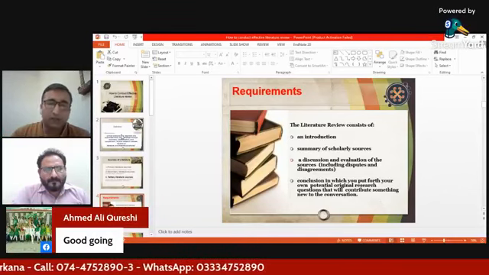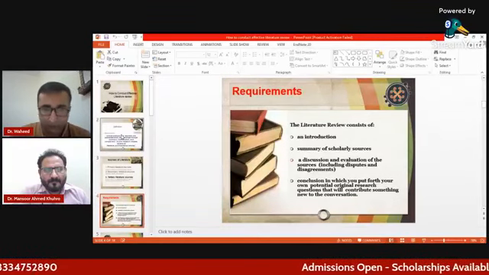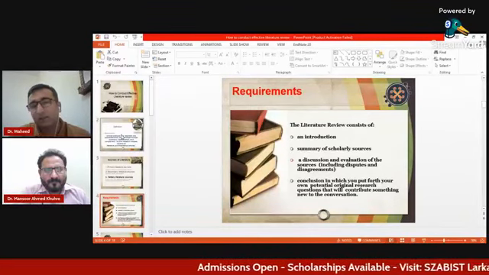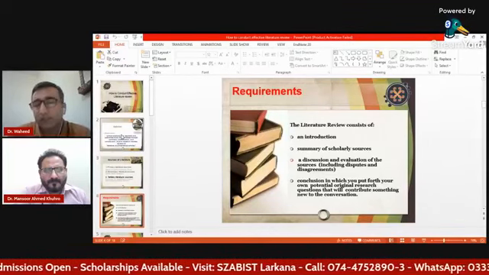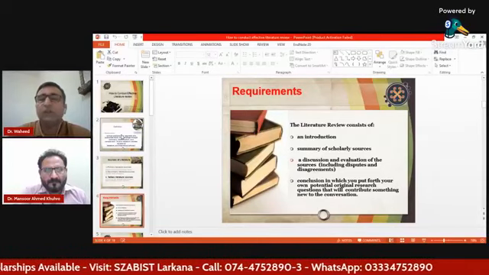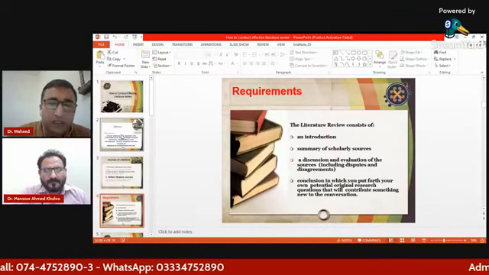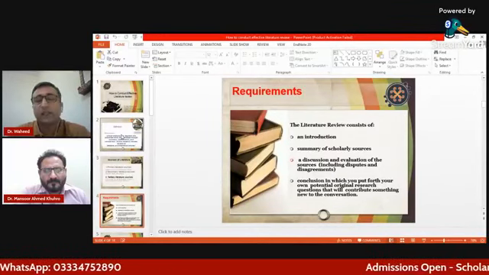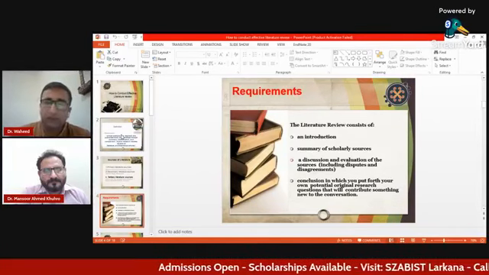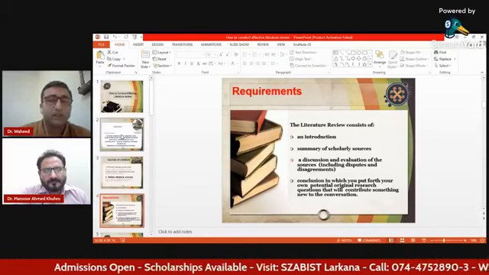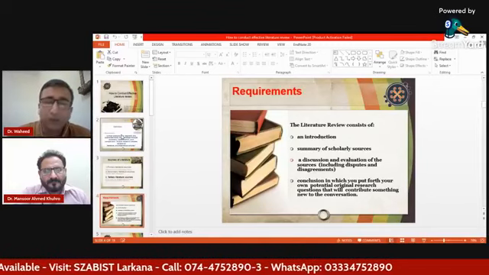Then we collect the summary of those resources, and based upon that summary, we further discuss and evaluate the sources, to find out the findings of earlier research scholars, whether they have any agreements or disagreements on certain topics, and what could be the probable reasons for such differences.